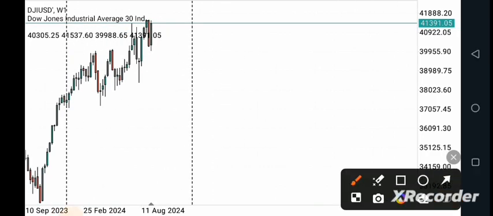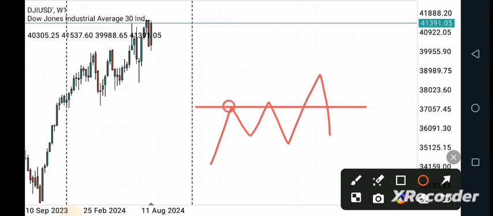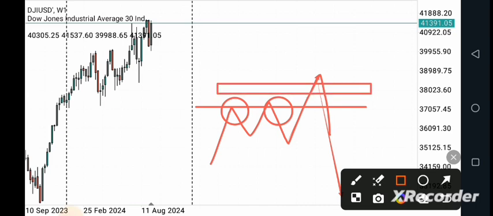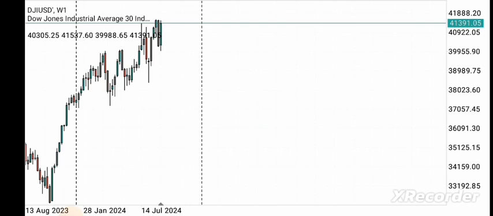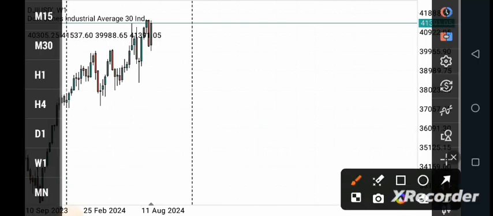Quite often what happens after such a stop hunt, where price had given us a double top here and gives us another stop hunt to the upside, is that we get a crash, because the stop hunt has happened, as we had multiple stop losses here. However, after stop hunting here, the market never really crashed.